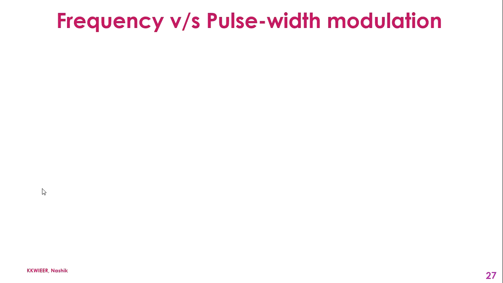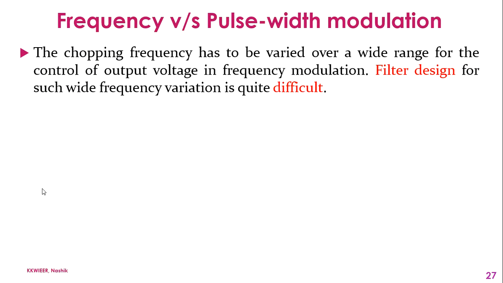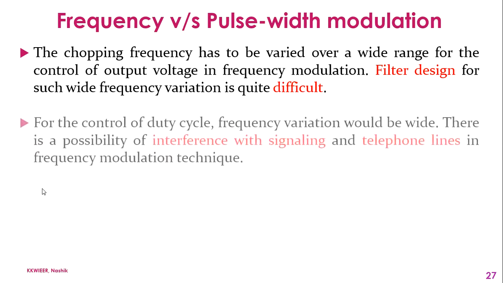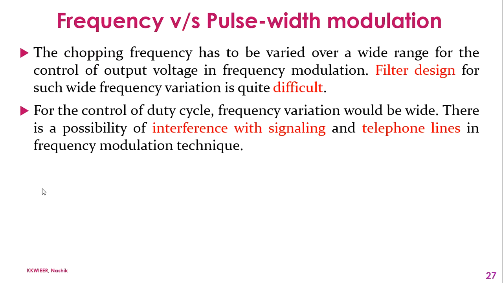Now we will see the advantages of pulse width modulation over the frequency control modulation. The chopping frequency has to be varied over a wide range for control of output voltage in the frequency modulation. So the filter design for such a wide frequency variation is quite difficult. For the control of duty cycle, frequency variation would be wide.